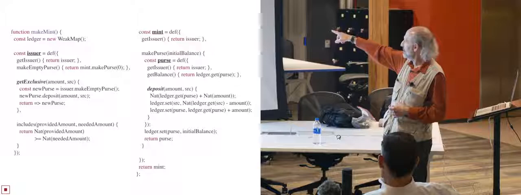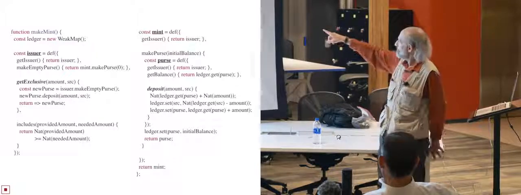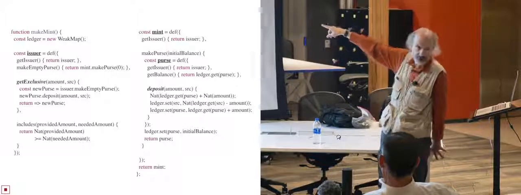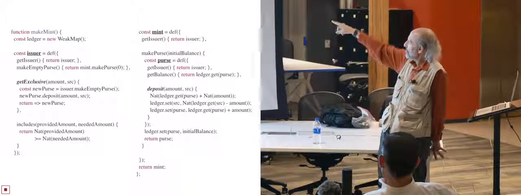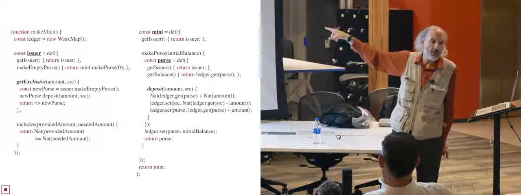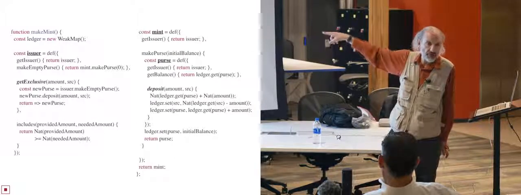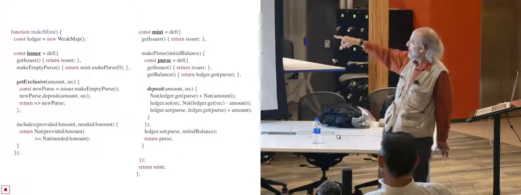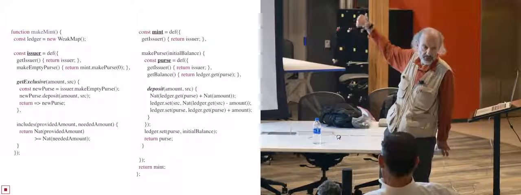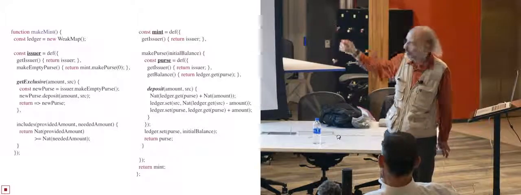On the second line, we look up the alleged source purse, the second argument, in the ledger. If the source purse is anything other than a purse of this currency, that lookup fails. And if that lookup fails, then the nat around that fails. It fails with an exception, and you abort at that point.